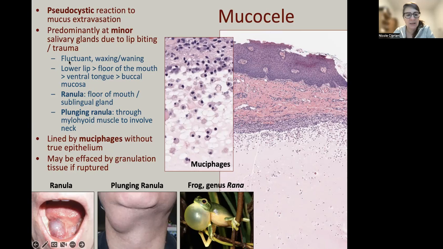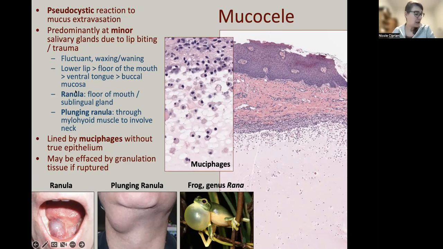They can be clinically fluctuant with a waxing and waning course. And you can see here on the right that they are not lined by any epithelial or endothelial lining, but they're lined by this fibrous wall with macrophages, specifically macrophages that have ingested the mucin, which we would refer to as mucophages. So here on the far right, the mucosa is up here, lining, and then a giant pool of mucin.